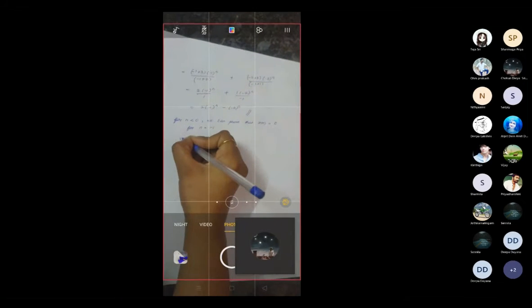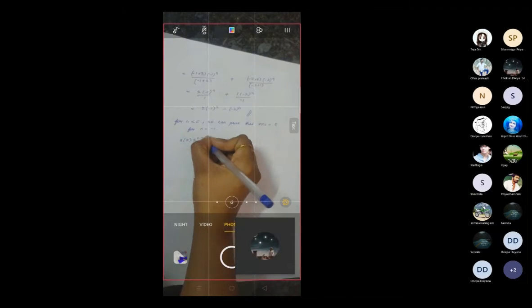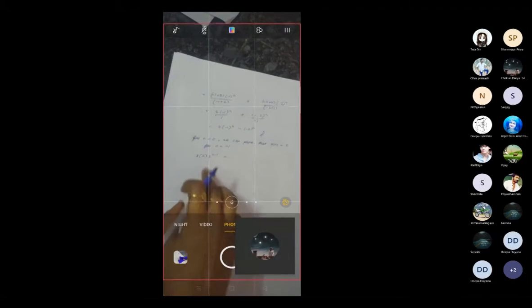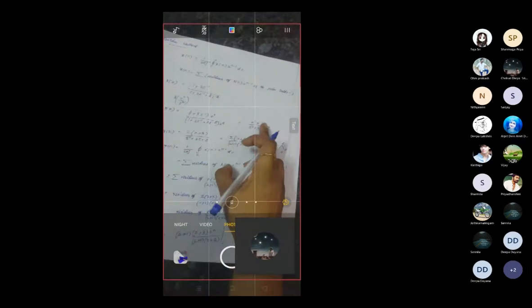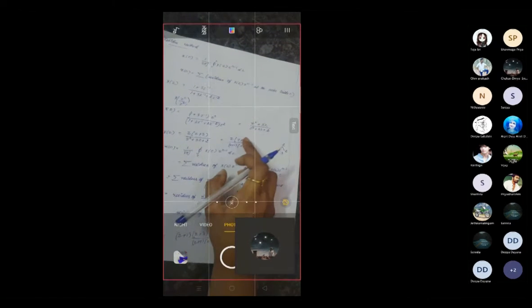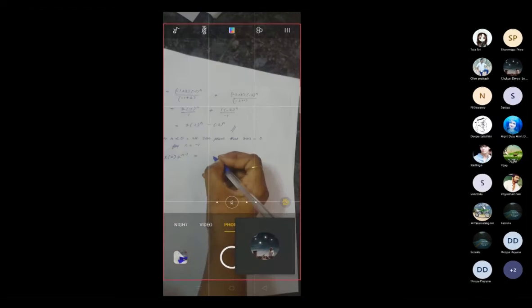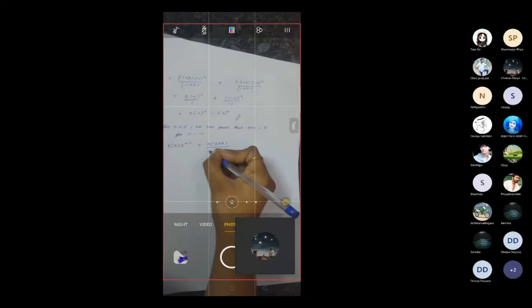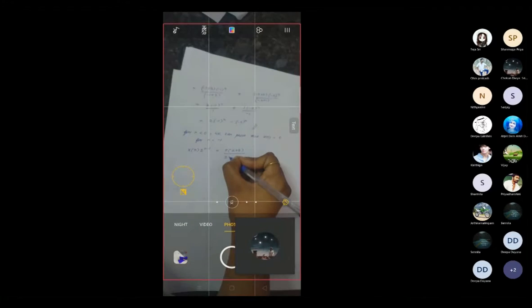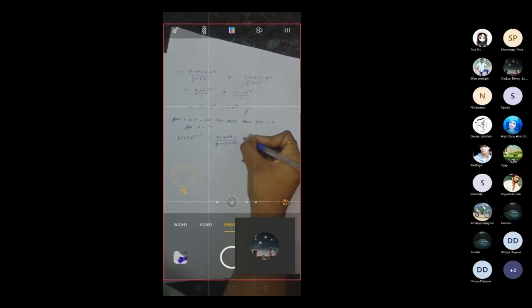Okay. So first write here x of z into z power n minus 1. Okay, first find out the x of z and z power n minus 1. What is x of z? X of z will be z into z plus 3 divided by z plus 1 into z plus 2. So z into z plus 3 divided by z plus 1 into z plus 2 into z power n minus 1.